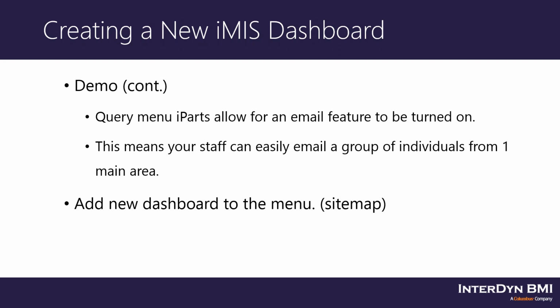A moment ago, I told you, just remember with these iParts, if you wanted to create a dashboard for communication, we have an email feature. So if you're thinking, gosh, we could create all of these different queries and make it so much easier for membership to track certain things, or events, right? What if we want to email individuals attending an event 1 week out and say, here's a reminder, don't forget to bring so-and-so, or the bridge is out, so make sure you do this for directions.